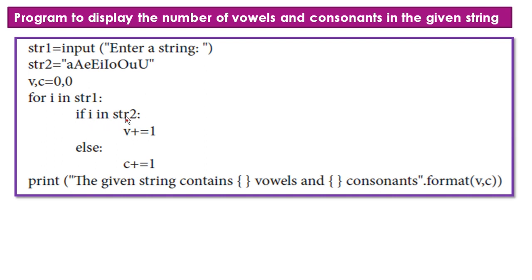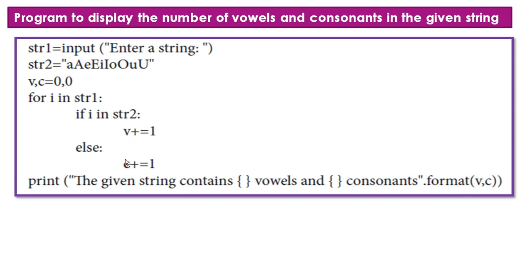If I in str2 means A, E, I, O, U. So if T in A, E, I, O, U. T is not in A, E, I, O, U, so the consonant count becomes 1, 0 to 1. For the second letter of Tamil Nadu, A in str2, A, E, I, O, U, it's found. So vowels becomes 1. In similar manner, the entire input string is checked with A, E, I, O, U.